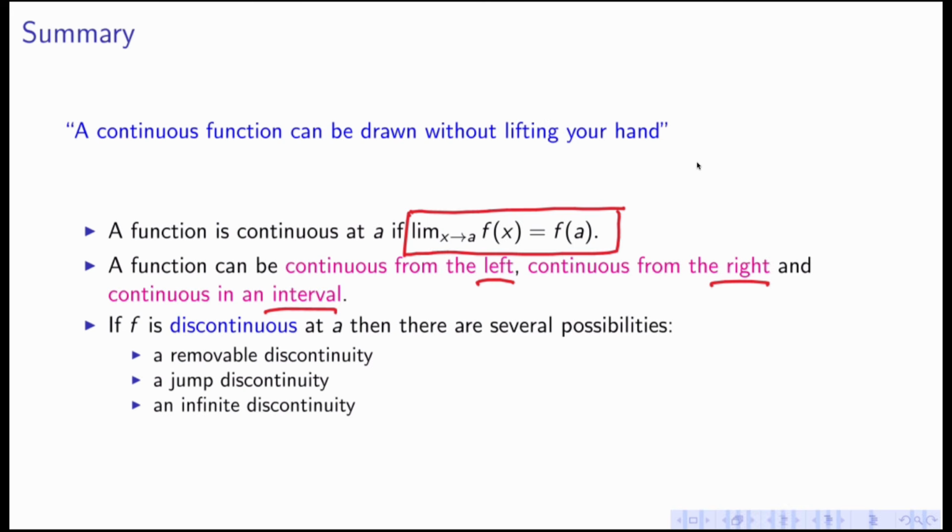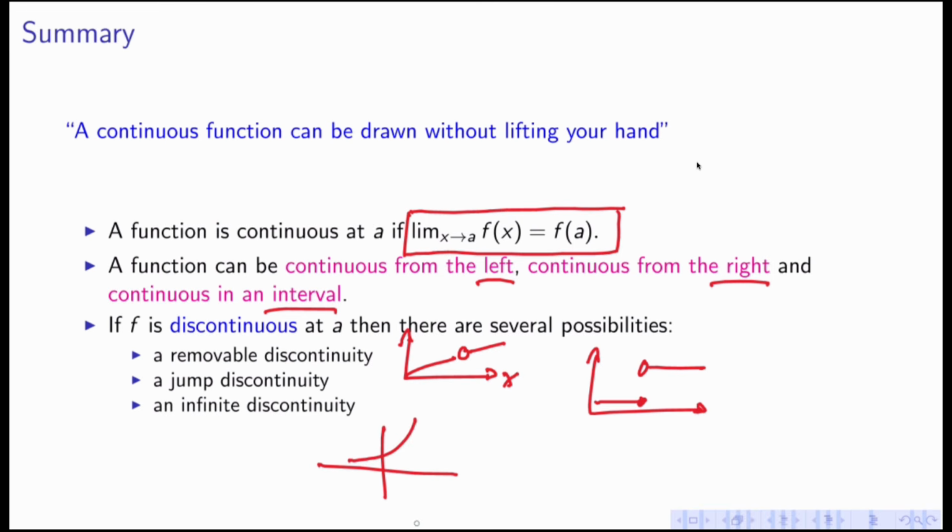So we have a removable discontinuity, that was a function which has a hole in it, for example. We can have jump discontinuities, which are a function that jumps from one point to the next. And finally, we can have infinite discontinuities, which are functions which go to infinity and maybe come from infinity and have a vertical asymptote.